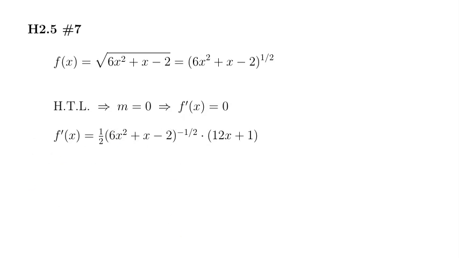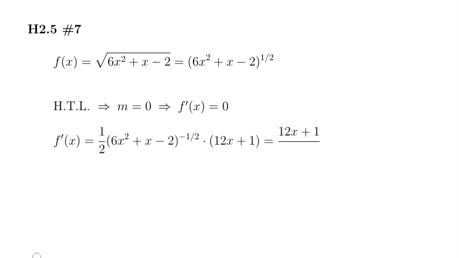If you rewrite that, we're going to get this. We know that 12x plus 1 is going to be upstairs, right? And then you see that there's a 2 on the bottom, so I'm going to put a 2 on the bottom right there.